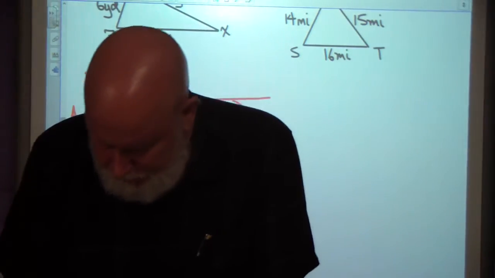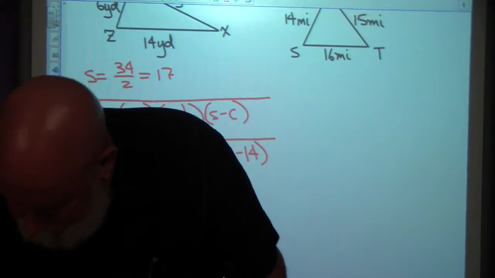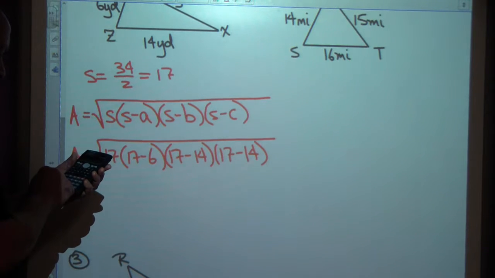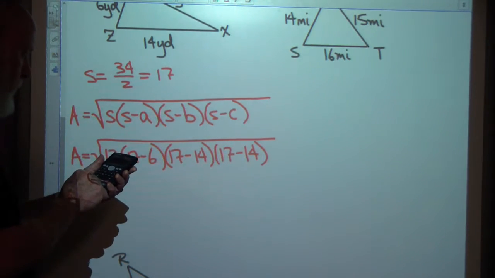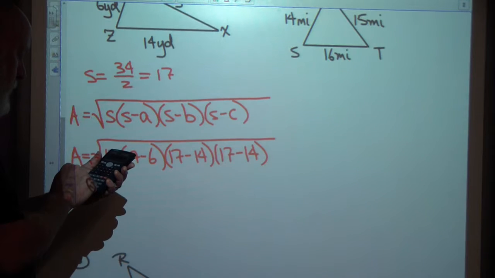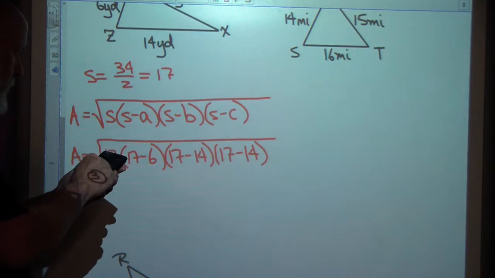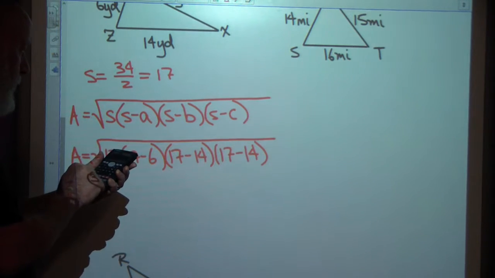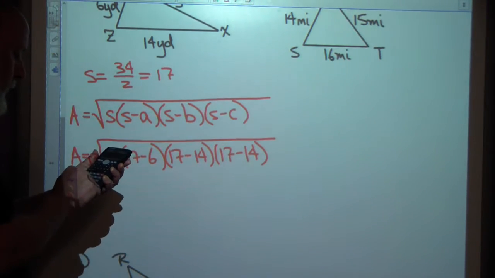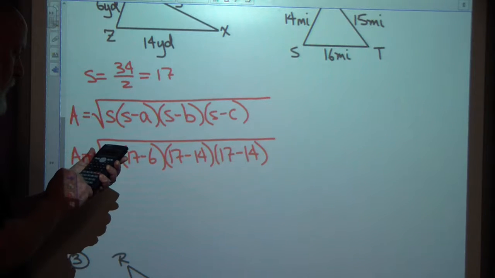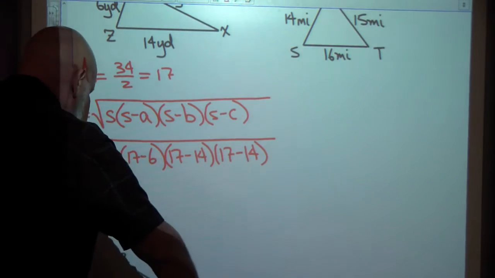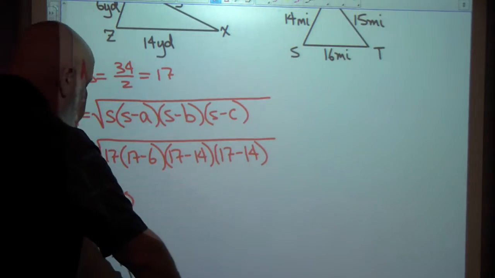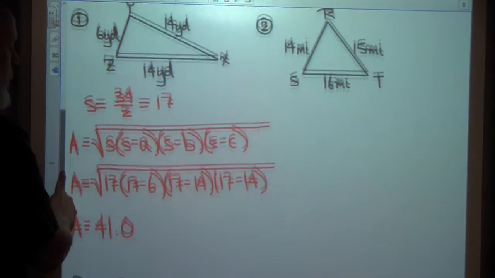Where's my calculator? I got 41.0. And that would be square units, square yards.